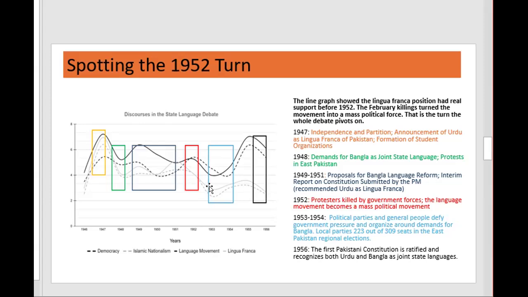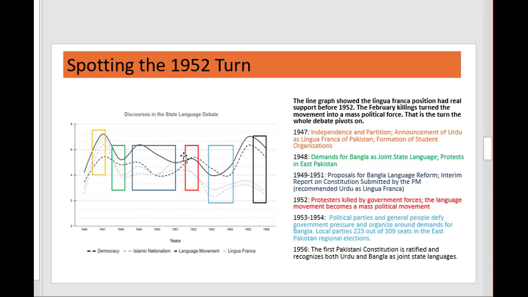Demands for Urdu in the discourse, Islamic nationalism as a discourse also tapers off, and the language movement and democracy move up, and it separates itself very fundamentally. So the corpus itself shows that these topics were less talked about explicitly in those terms after that, because the sentiment had changed so much.